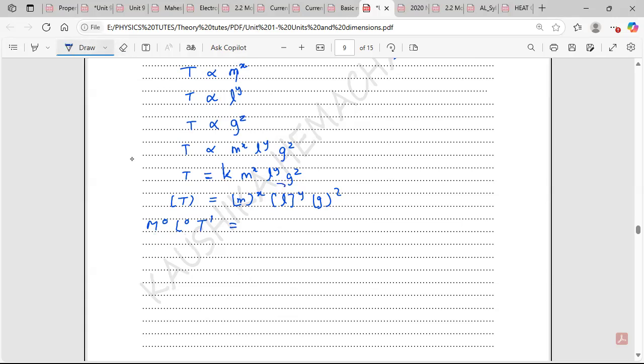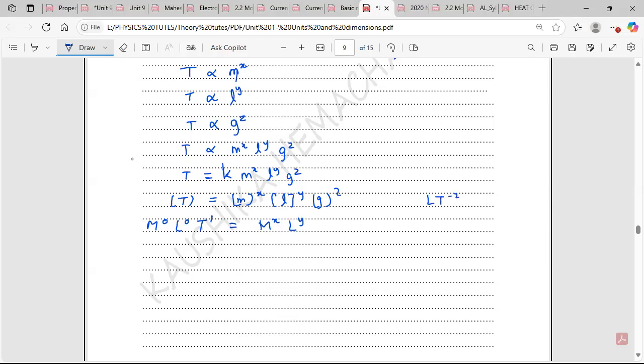But because we will have M and L on the right side, we have to get them on the left side as well so that we can equalize. You'll understand when we do it now. So M, that's mass, capital M to the power x, length, capital L to the power y, and g, gravitational acceleration.